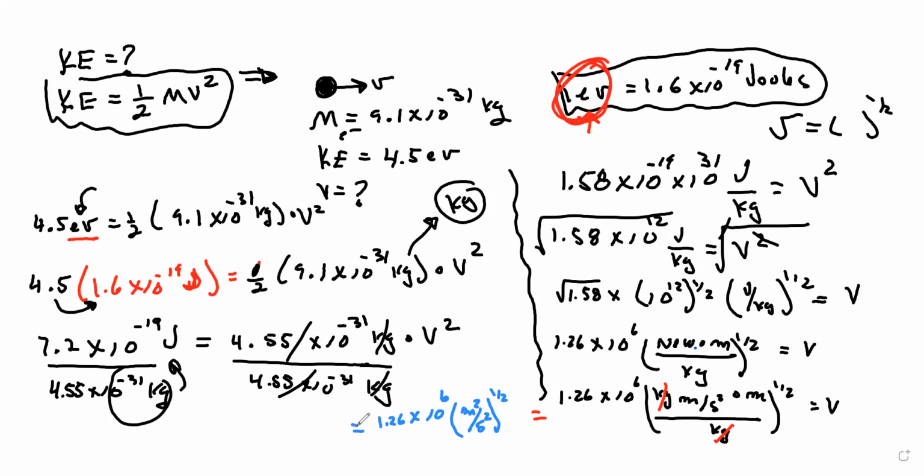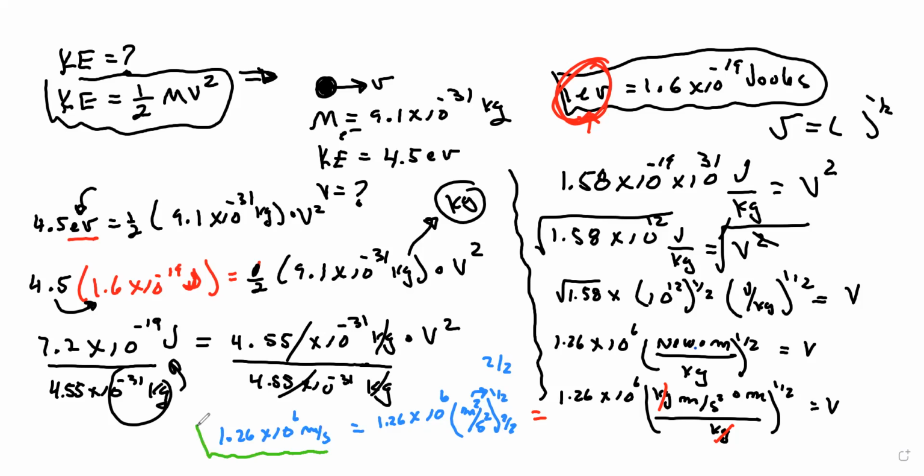And this is going to be 2 divided by 2 in the numerator, and the denominator is the same thing. So it's going to be meters over second. And there you go. That would be your answer.